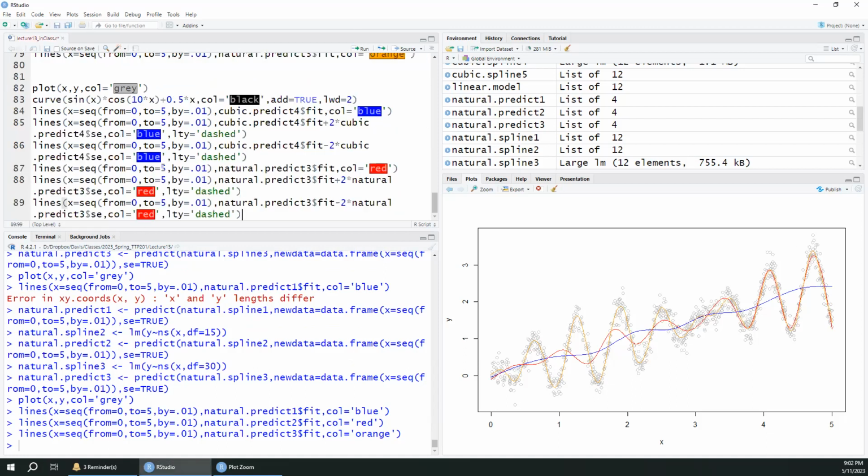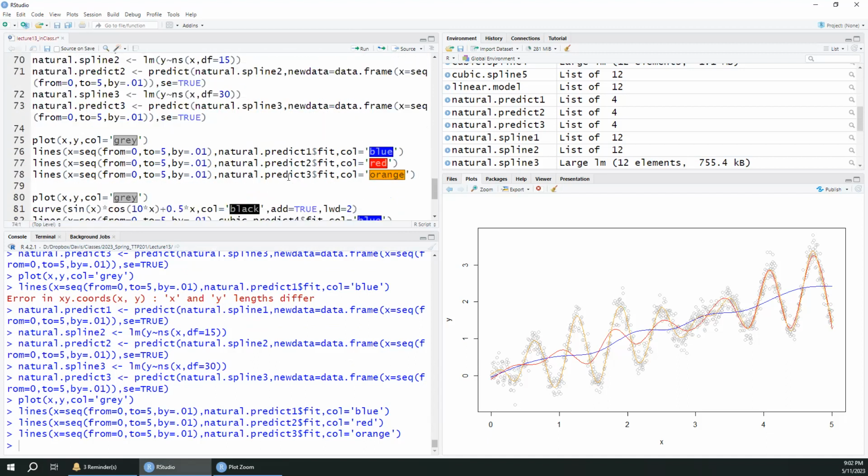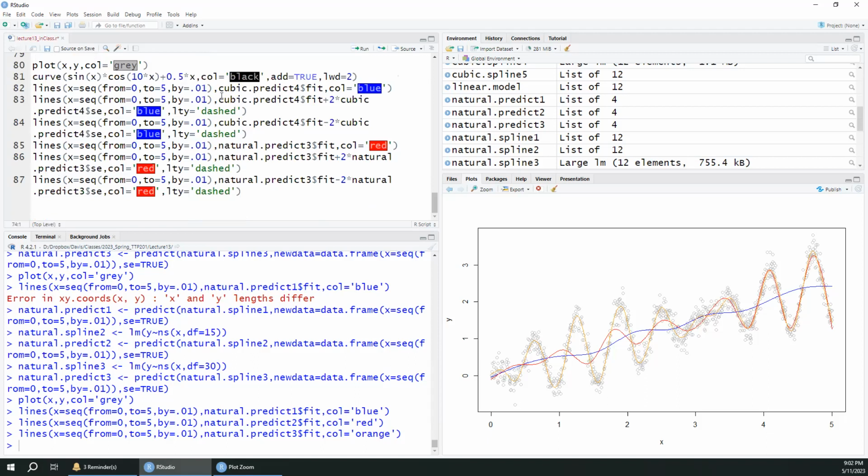I'm going to look at the comparison between my cubic splines and my natural splines. And this time, what I'm going to do is include my standard errors. And so we're going to look at our best model from the cubic splines, including the standard error.